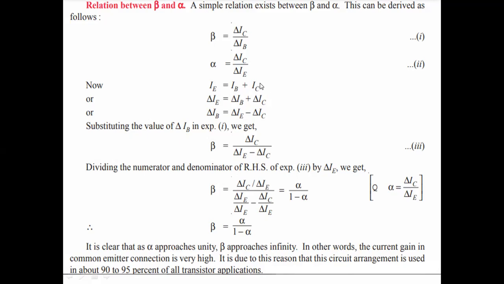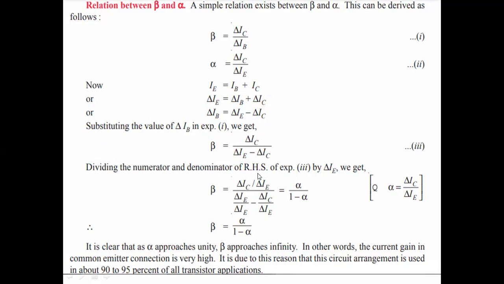From this, we can also represent the change in current: delta IE is equal to delta IB plus delta IC. From this, delta IB is equal to delta IE minus delta IC. Substituting the value of delta IB in expression 1, beta is equal to delta IC by delta IB, where delta IB is delta IE minus delta IC.